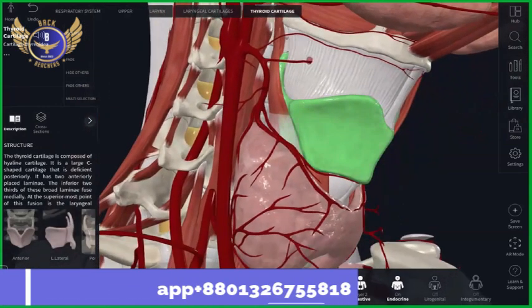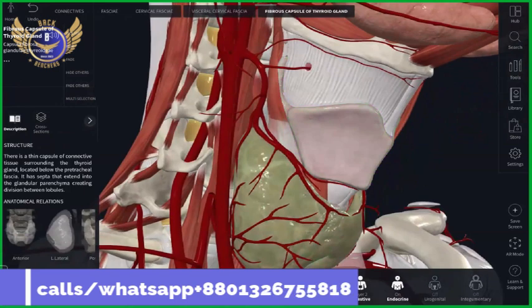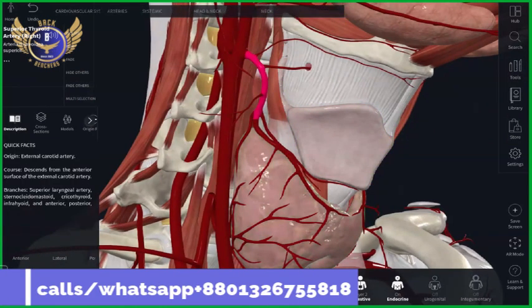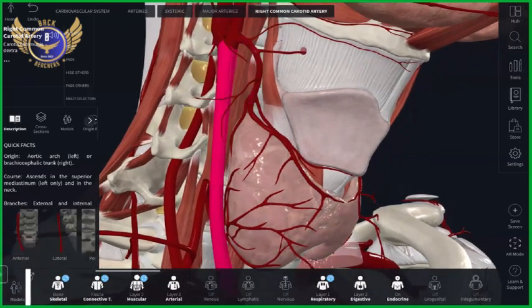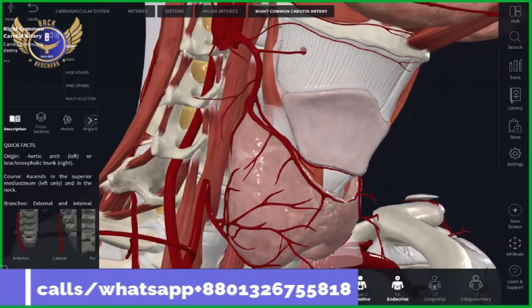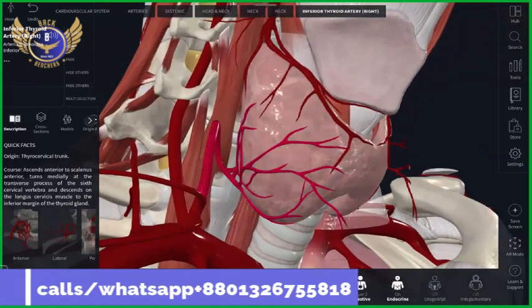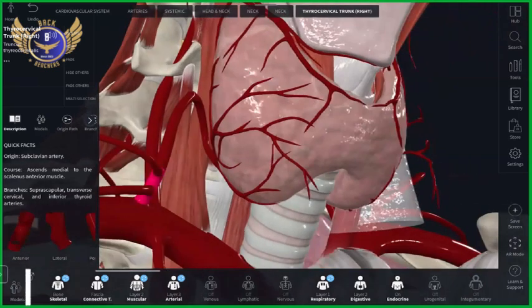Thyroid cartilage, and we have cricoid cartilage under it. In between thyroid and cricoid, we have the cricothyroid membrane. Let's hide the common carotid portion, and we have the inferior thyroid artery coming from our thyrocervical trunk from the subclavian. We don't need that.